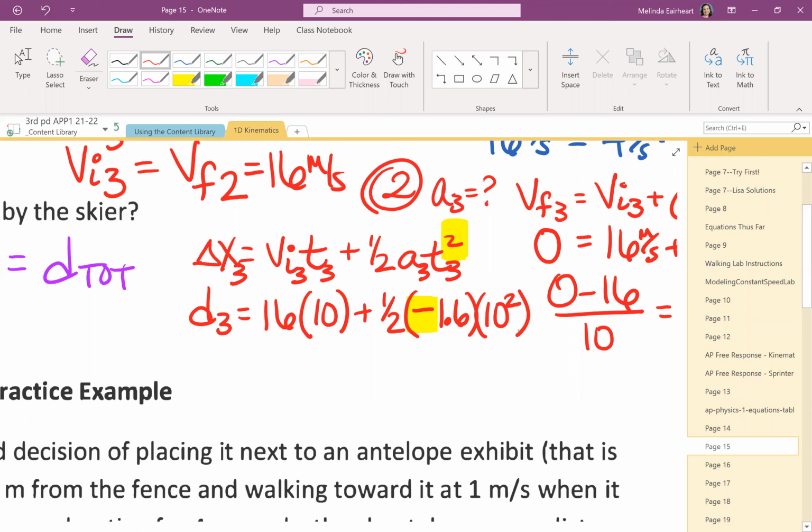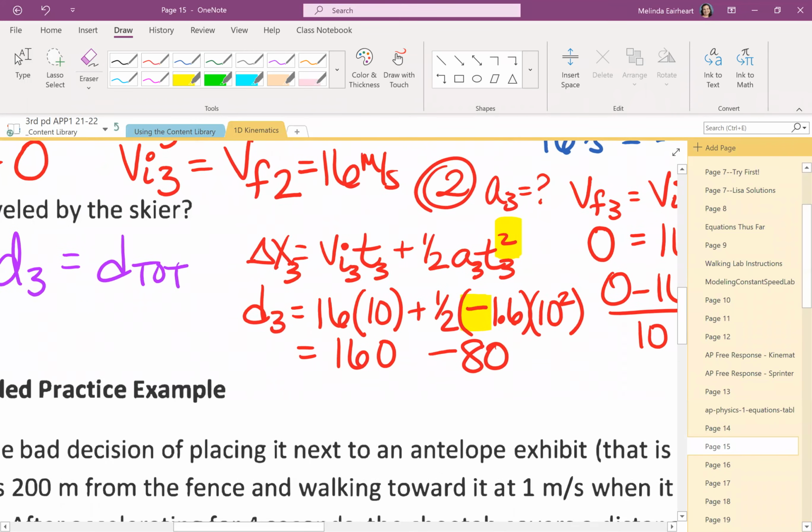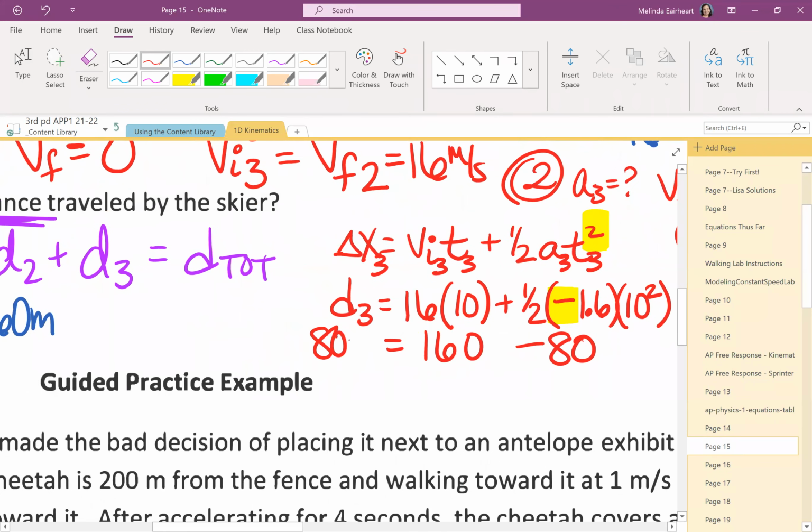Okay. 10 squared is 100 times negative 1.6. Negative 160, half that. Half of 160, 80, so we get negative 80 or minus 80 there in that last term. And then 16 times 10 is 160, minus 80, D3 is 80 meters.